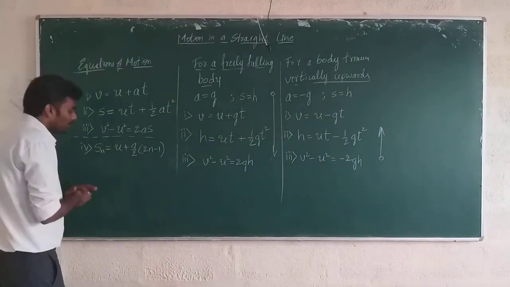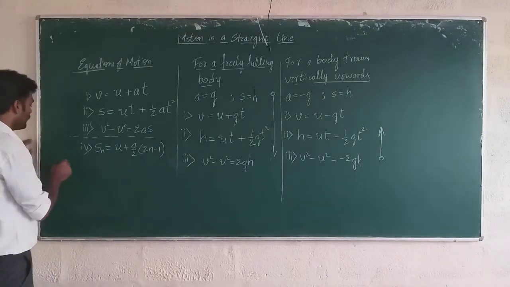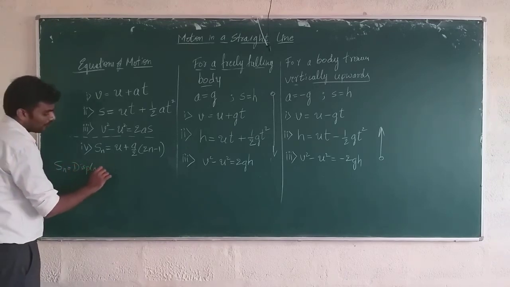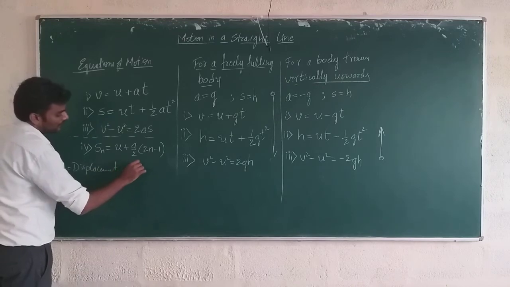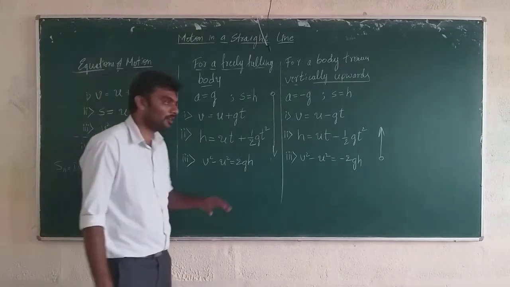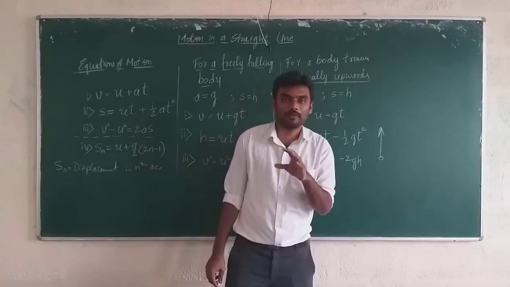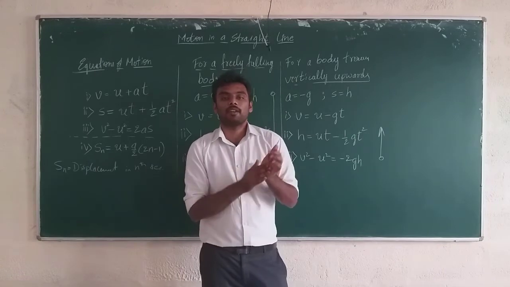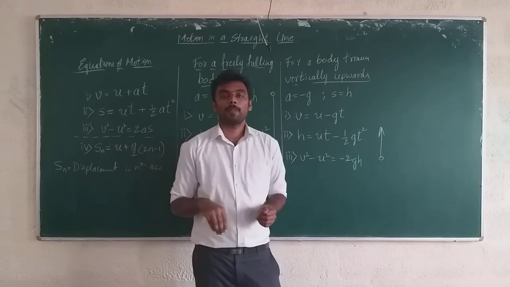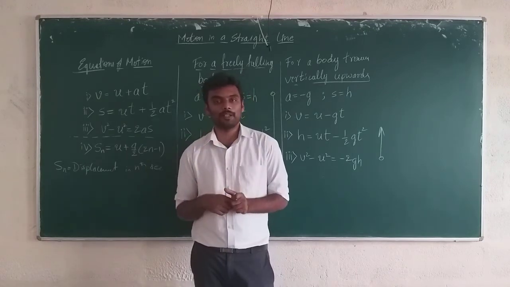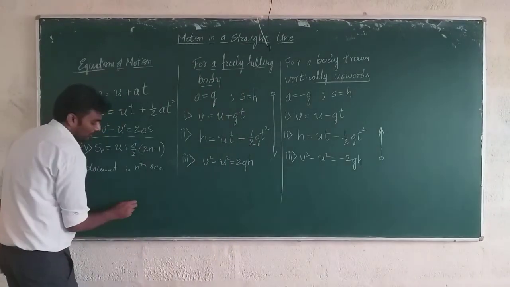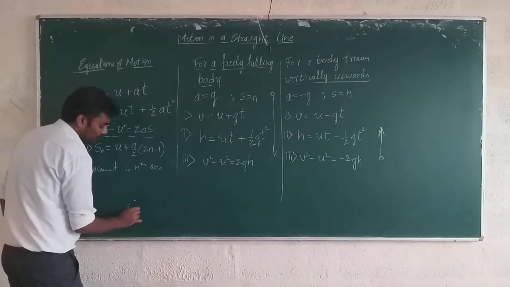Let me explain what this displacement in the nth second is. Sn is nothing but the displacement in the nth second. This is an important situation in numericals, which will help us in solving numerical problems. Let us assume a body starts its motion with a speed of 2 meter per second, when time t is equal to 0.